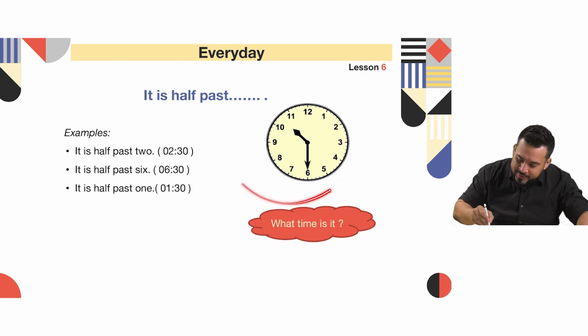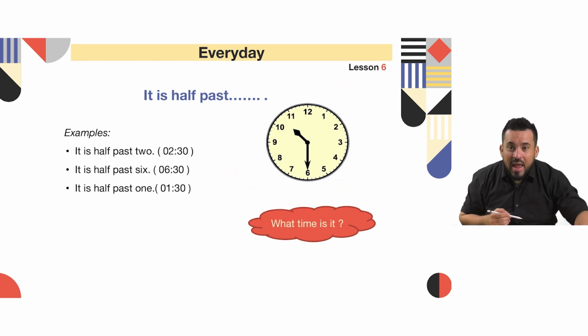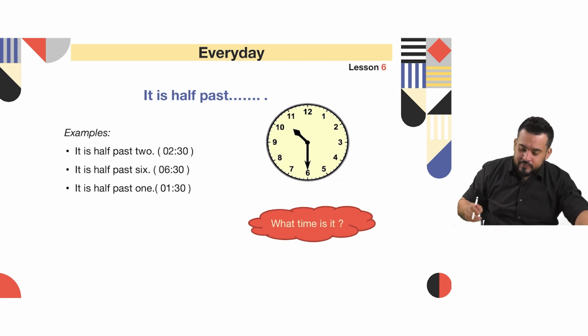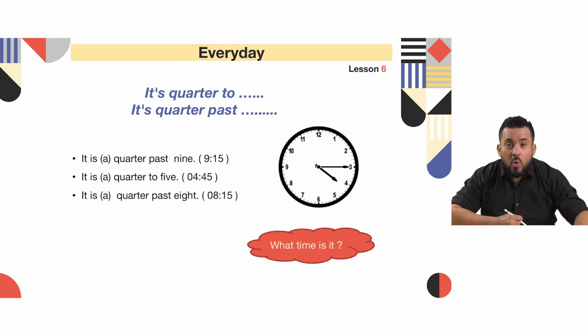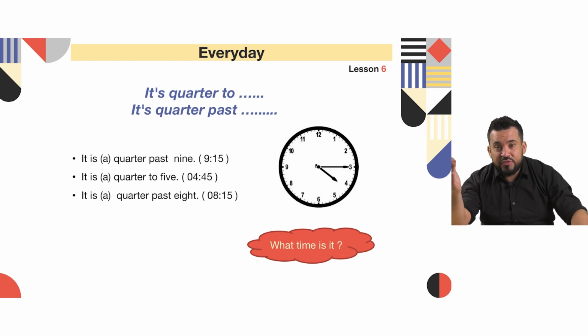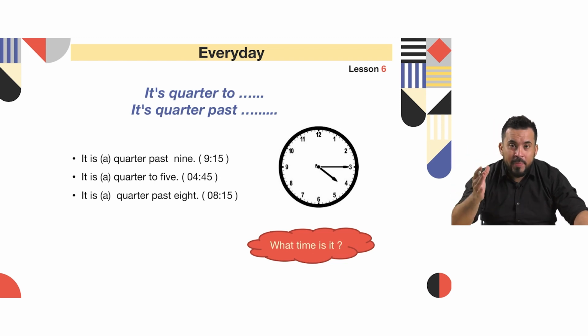So let's take a look at this. What is the time? It's half past ten, or American way, 10:30. All right. Let's take a look at these expressions, quarter to and quarter past. Quarter to, it means 15 minutes before. Quarter past, it means 15 minutes after.